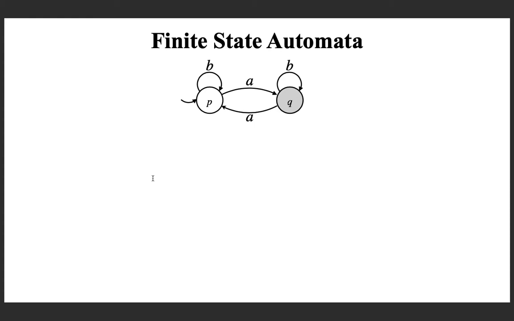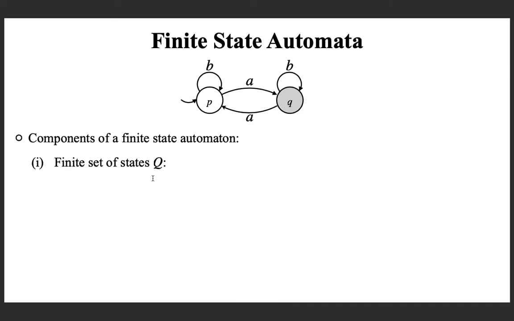What is shown is a state transition system, and if you look at the components of a finite state automaton, the first component is the finite set of states, capital Q. In this example, you have 2 states P and Q, and in general there could be finitely many states.